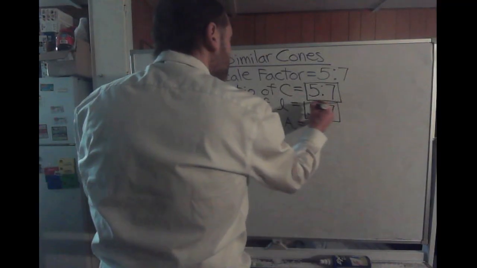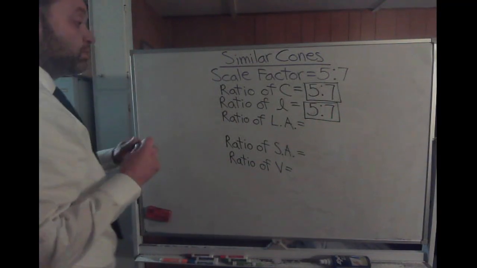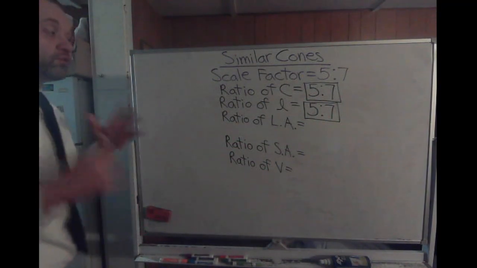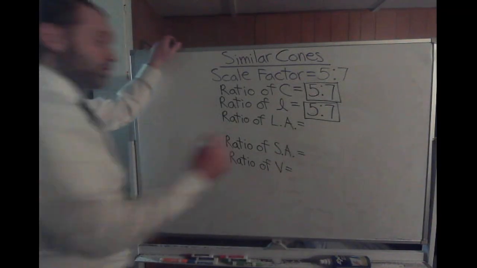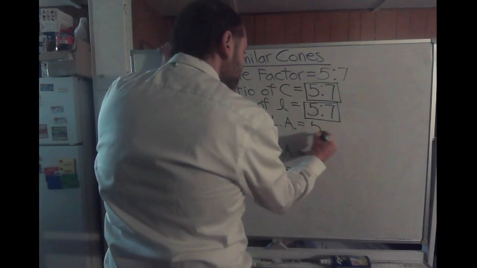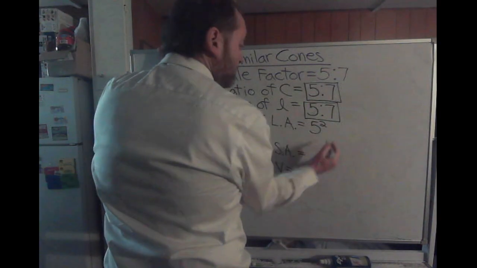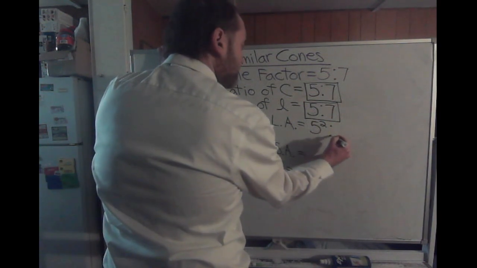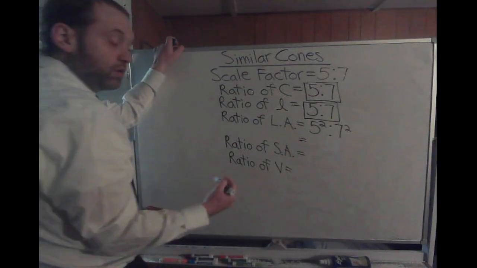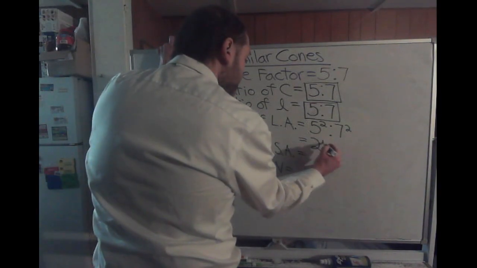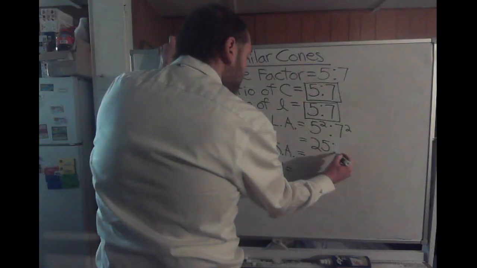Alright, so there's that. Now we're getting into area. Remember, when you deal with area, you take each part of the scale factor and raise it to the second power. So it'll be in ratio 5 to the second power to 7 to the second power, which in short would give you 25 to 49.